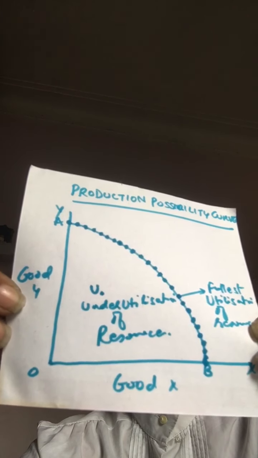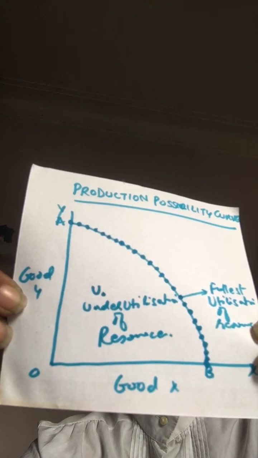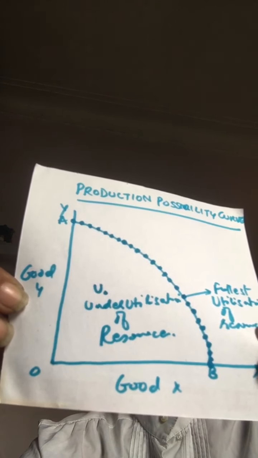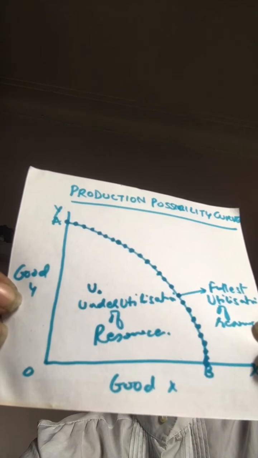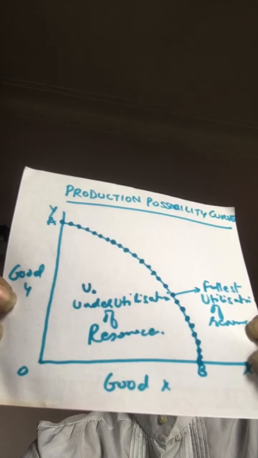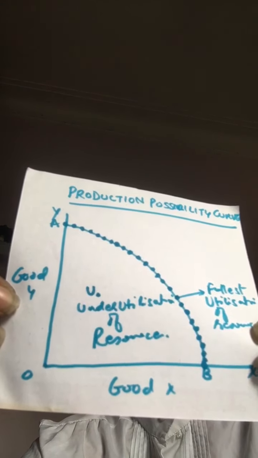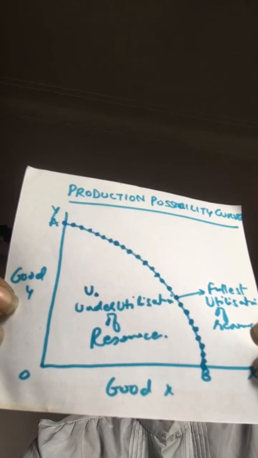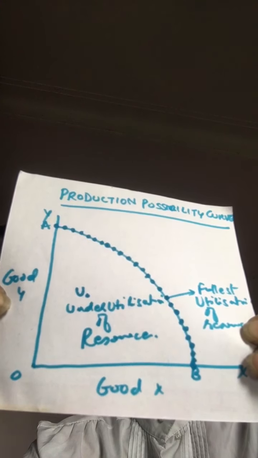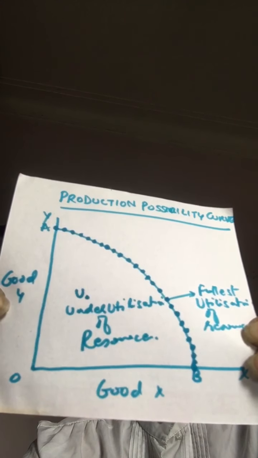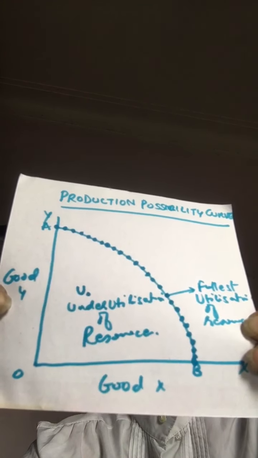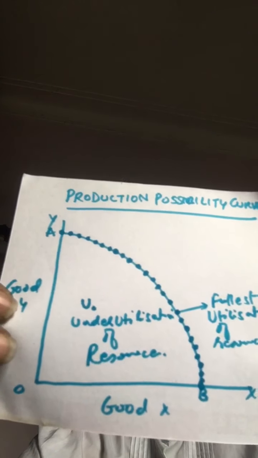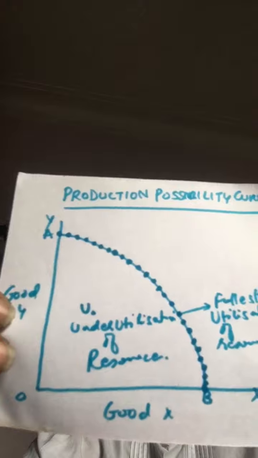If an economy wants to produce all of good X, then it'll put all its resources, that is OB, on good X and 0 on good Y. But again, this is not a question of either or, it's always a question of a combination of two goods. So we'll go into details about this.